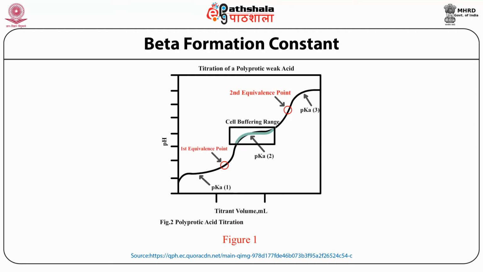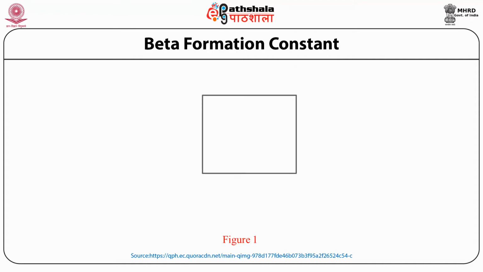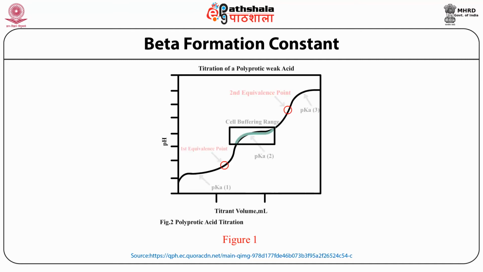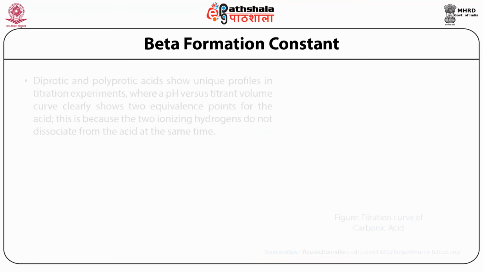You can understand that the protons are dissociating one after another, proton 1, proton 2, and this gives the values of pKa1, pKa2 and pKa3. In this titration, two equivalence points are observed: the first equivalence point and the second equivalence point.